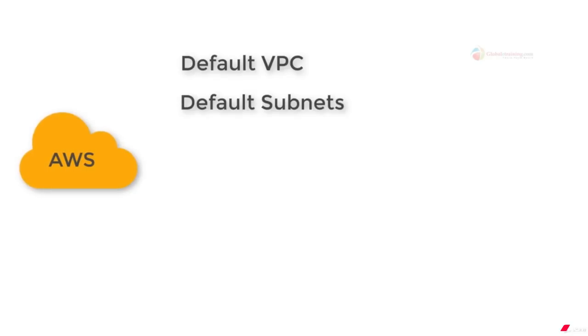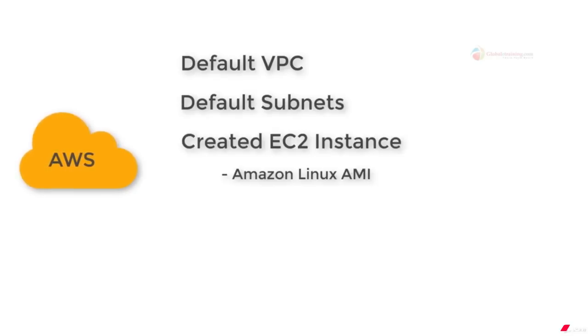Okay. In this video, we looked at the default VPC and the default subnets that were provided. And then we created an EC2 instance using a Linux image and also the free instance type. During the instance creation process, we created a key pair. We downloaded it.